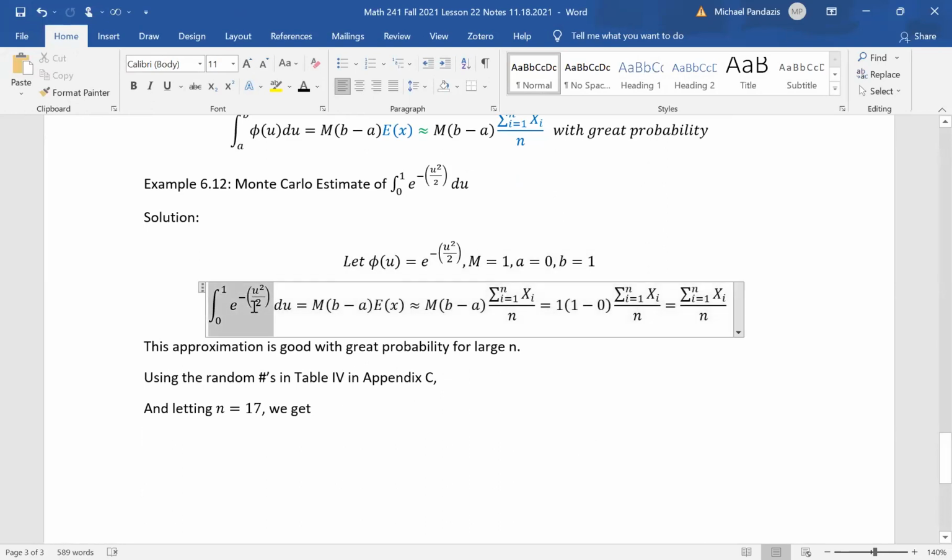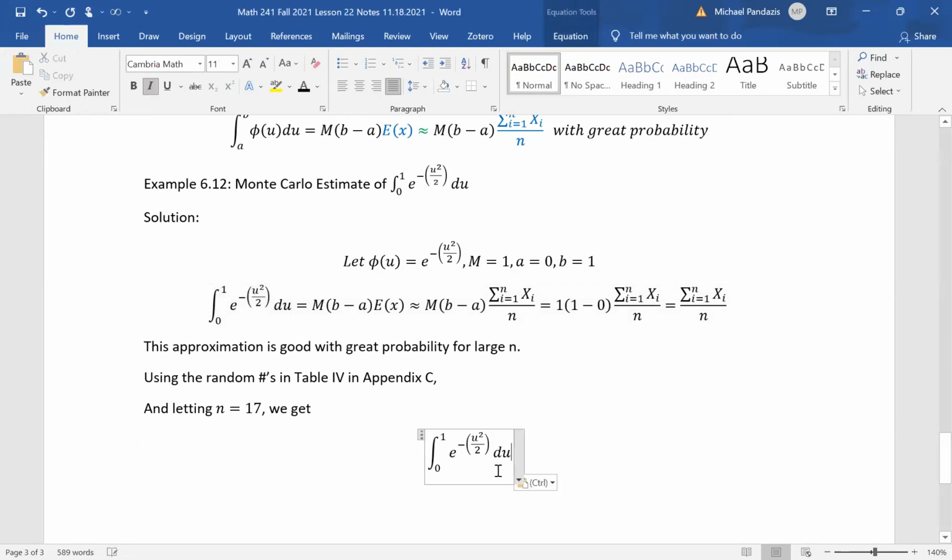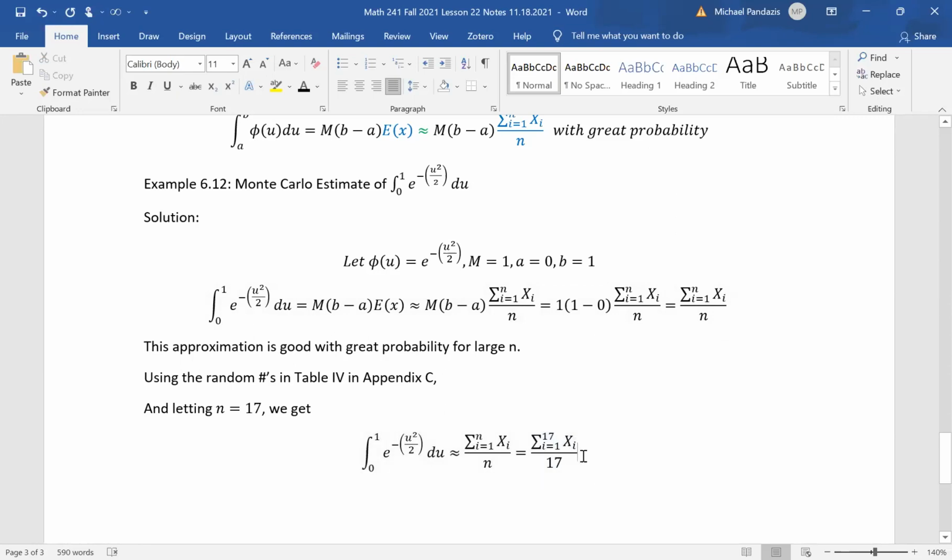So this definite integral is approximately equal to this. And what that table is saying is that if you perform this experiment 17 times, you have this sum here, and you're applying this situation when n is 17.